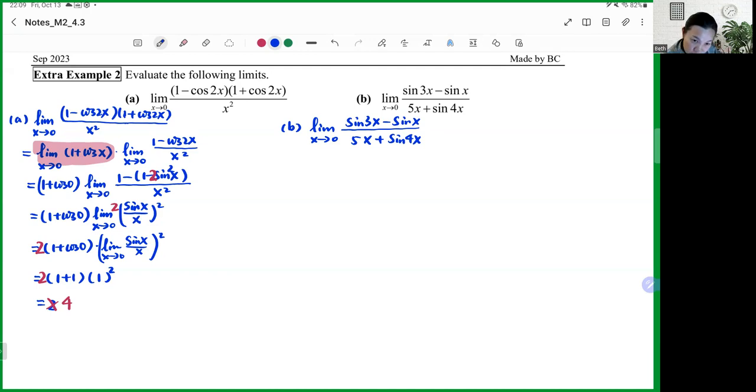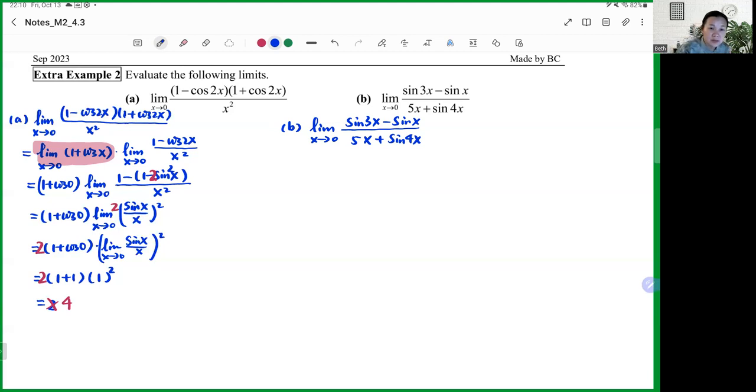Not because of the sine minus sine, it's because 5x plus sine 4x cannot be factorized easily like that. Although we know how to deal with the sine minus sine, the denominator is a mixture of a polynomial and trigonometry. So it's difficult to manipulate.